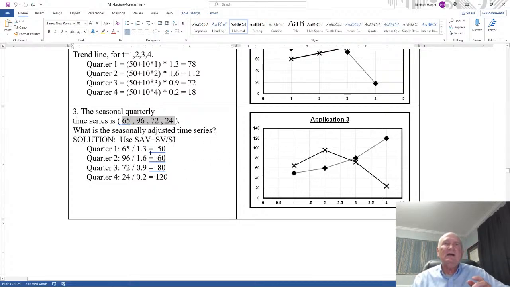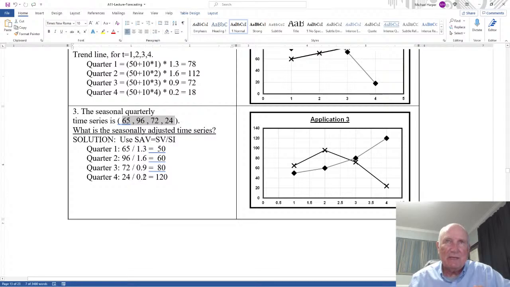Because the seasonal component is so large that it introduces so much variability that it hides the trend component. So if the seasonal component hides the trend component, and you want to see it, then you filter out or seasonally adjust the seasonal component so the trend component emerges. So how do you take seasonality out of a number? You divide by the indexes.